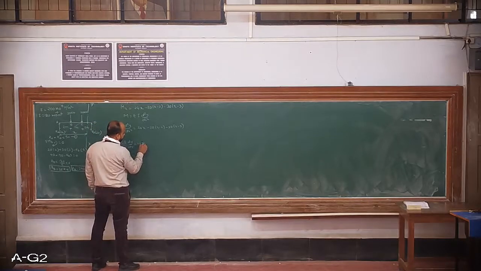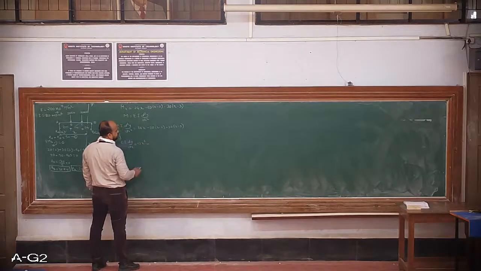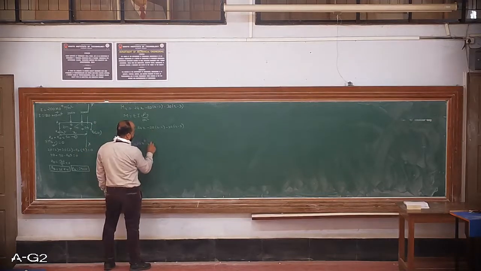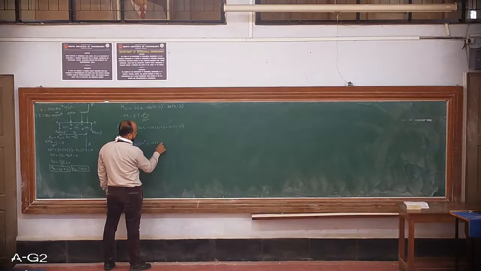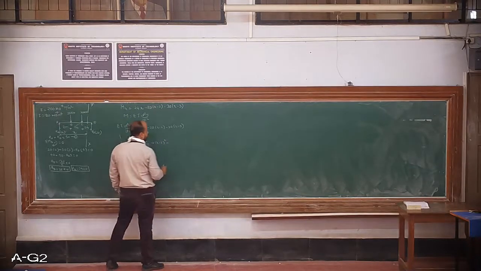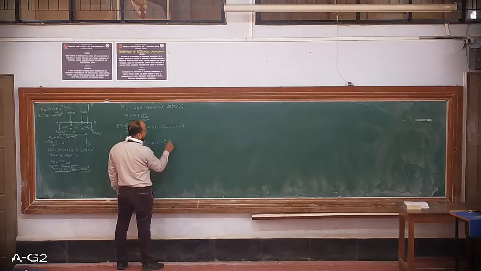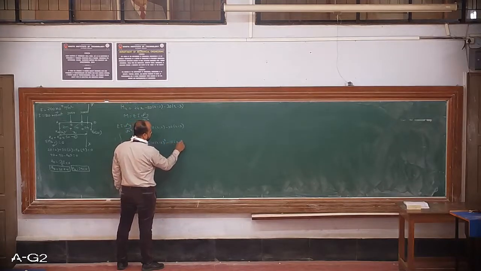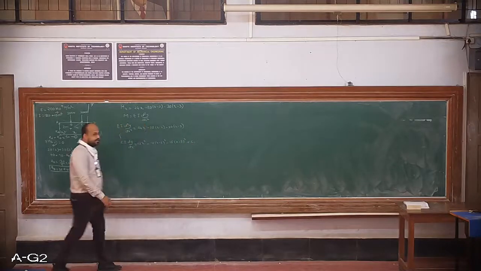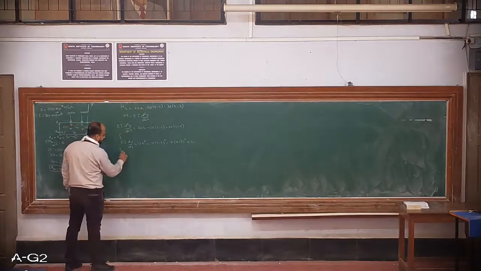So 12x square minus, x minus 2 integration is x minus 2 square by 2, so minus 10 into x minus 2 square, minus x minus 3 square divided by 2, that is 15 into x minus 3 square, plus C1. I have written directly.